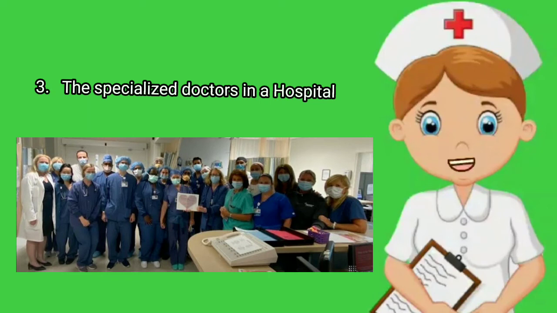Next, neurologist. A neurologist is a doctor whose job is to diagnose and treat patients with diseases related to the nervous system, from the brain and spinal cord to the peripheral nervous system. Next, obstetrician and gynecologist.